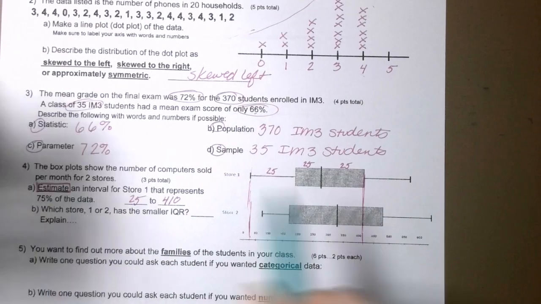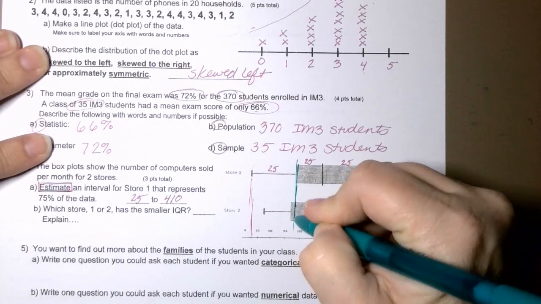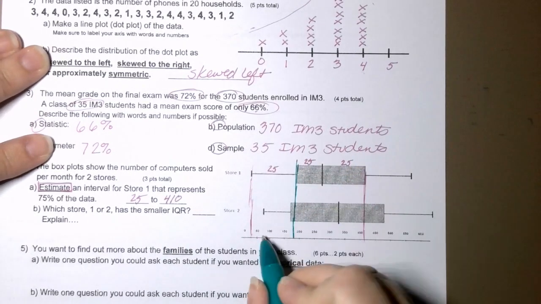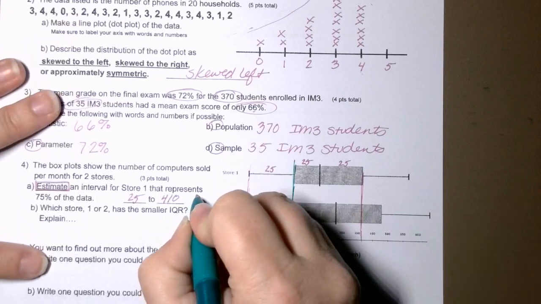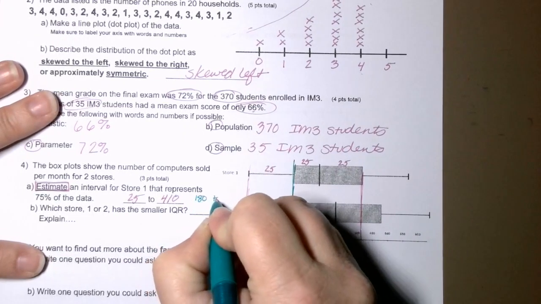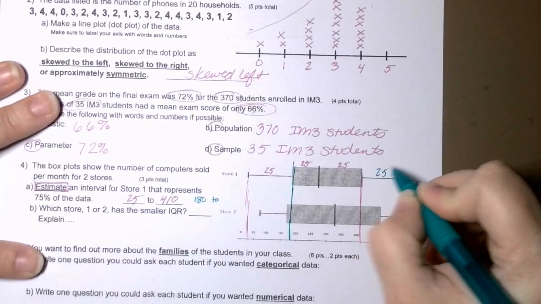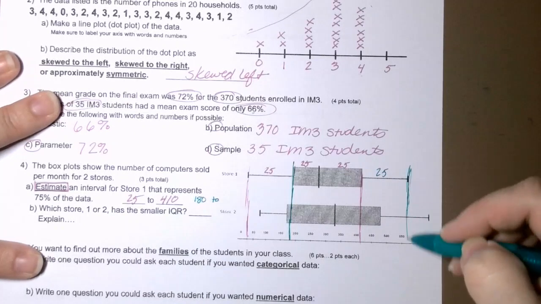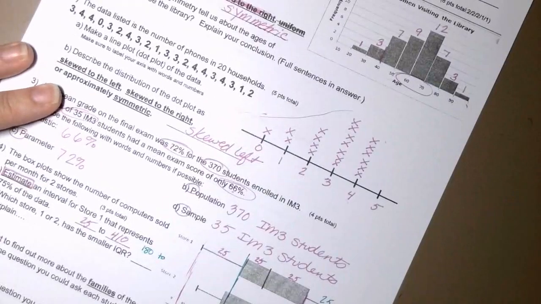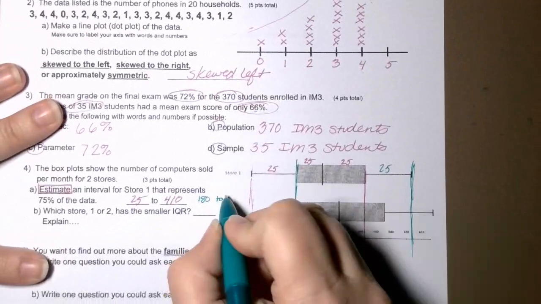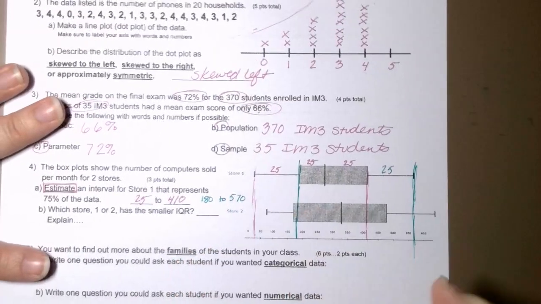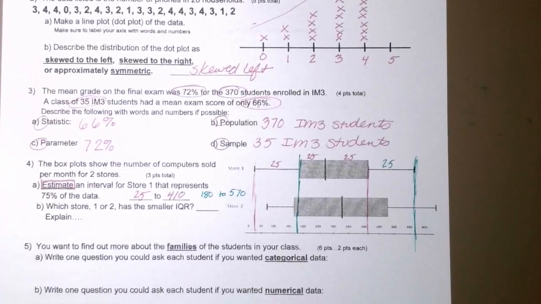Well, you could do from here, which looks like about, what, 180-ish? Because this is also 25%. You could do 180-ish to, oh, what would that be? 570-ish? So either one of those ranges were reasonable guesses.